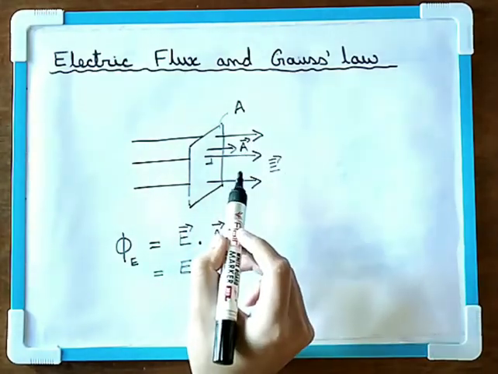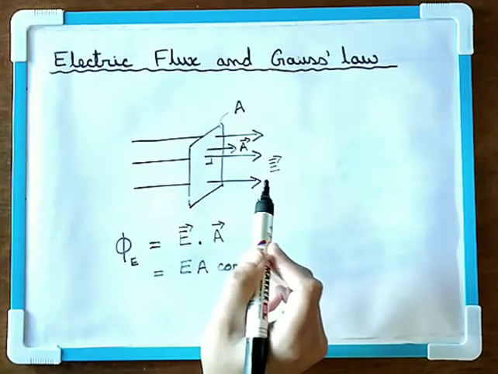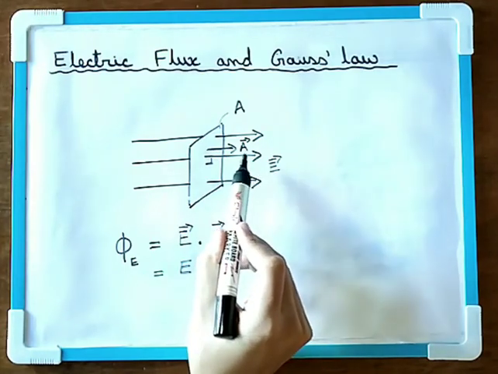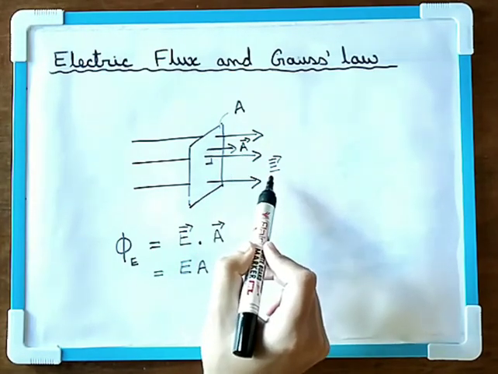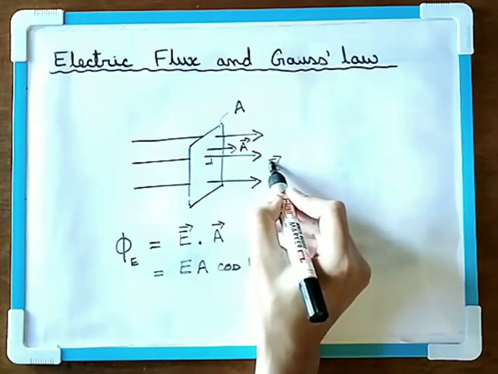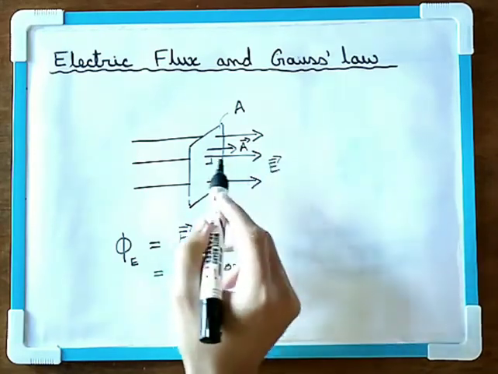So you can see here that both this area vector and this electric field intensity vector are in the same direction.